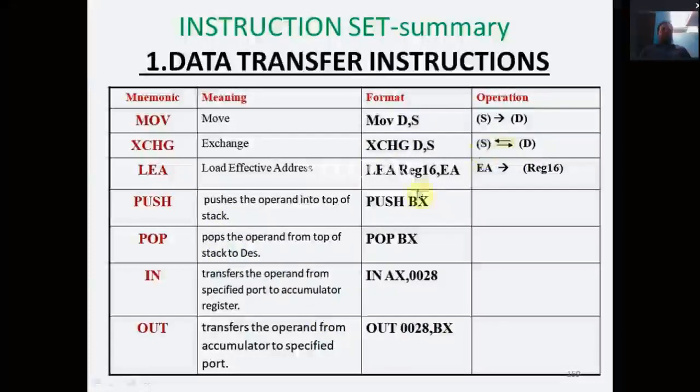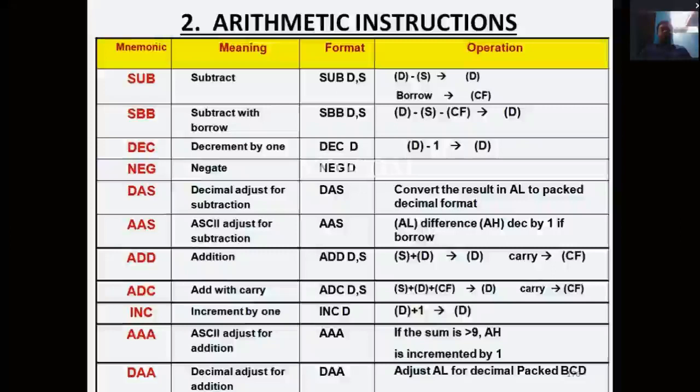These are the summary. You see this. If you have any doubt, you ask next time or ask in the comments. Then arithmetic instructions: addition, subtraction, division, multiplication, then decimal adjust, ASCII adjust, and so on. These are the arithmetic instruction summary.